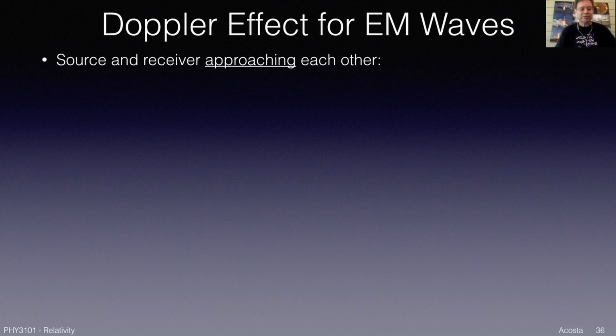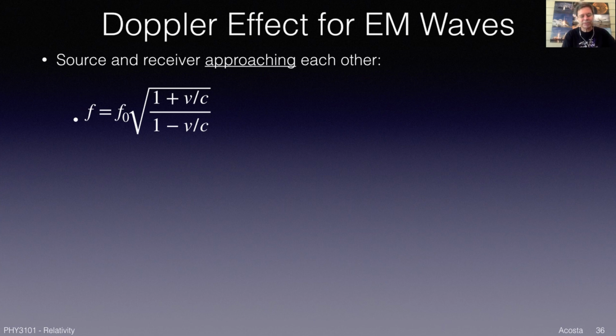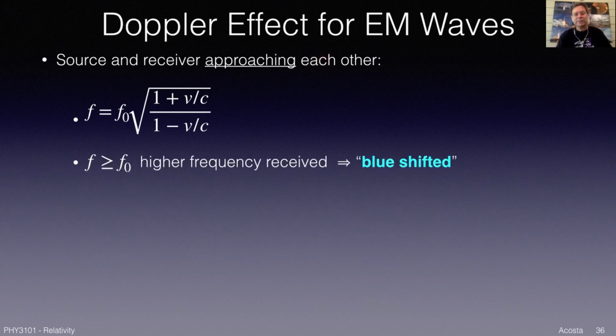And let's discuss the source and receiver approaching each other. And here we go. So I put that, cancel one of those binomial terms. Everything's under the radical. 1 plus v over c, over 1 minus v over c, times the frequency f naught. That's the frequency in the reference frame of the source, is the frequency I receive. So this is if they're approaching each other. And remember we said if they're approaching each other, frequency, at least in air, would typically increase.